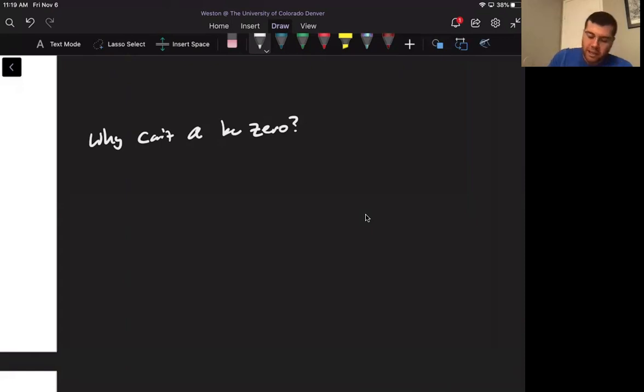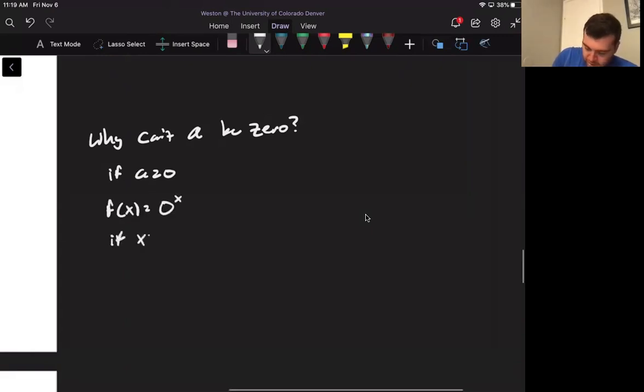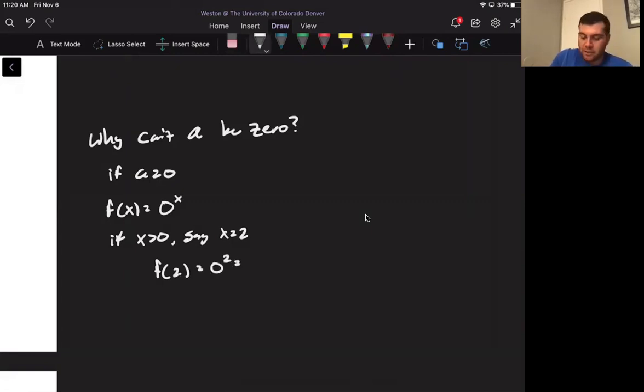Well, there's 3 cases. Let's say a equals 0. It's going to work actually fine for positives. So we have f of x equals 0 to the x. If x is greater than 0, say x equals 2, then f of 2 equals 0 squared, which is just 0 times 0, so that's 0. That's actually fine.